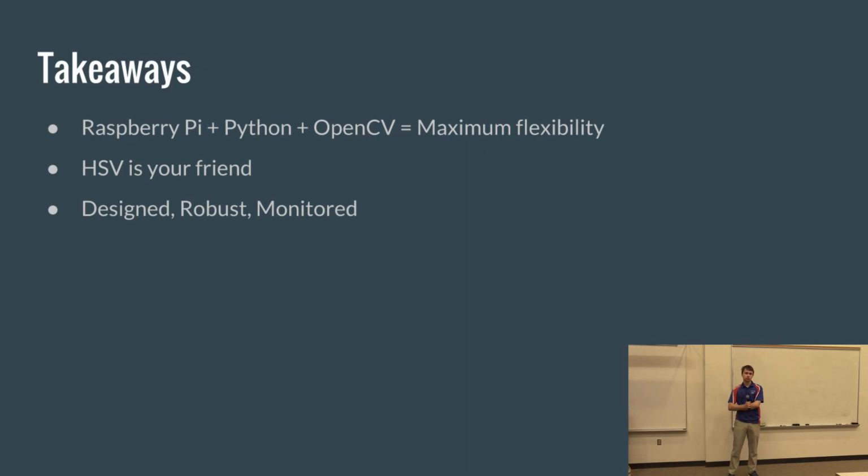HSV is probably our favorite way for doing all these colors as compared to RGB or other systems. It's very human friendly. Unlike RGB where you just adjust things randomly, with HSV, you know what you're doing. And then when you build these things, you need to design them in advance, work with build or whoever you need to, make them robust, and have them well monitored for debugging and other purposes.